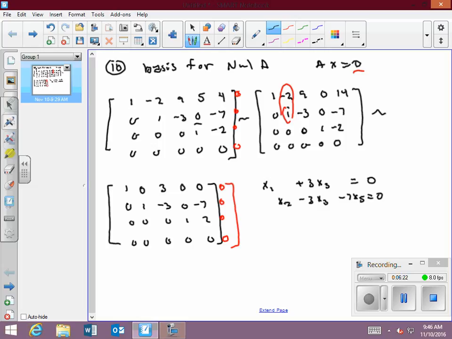Now, x3 is free. And then x4 plus 2x5 equals 0. And x5 is free.